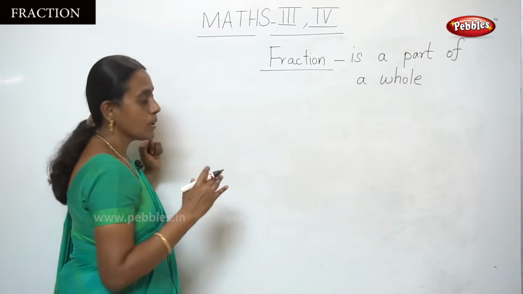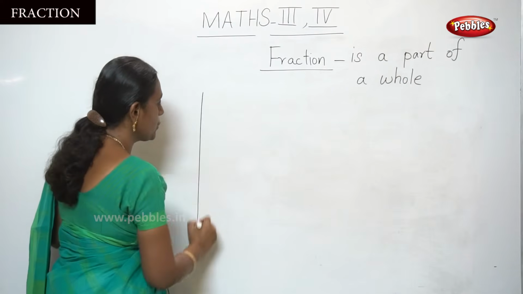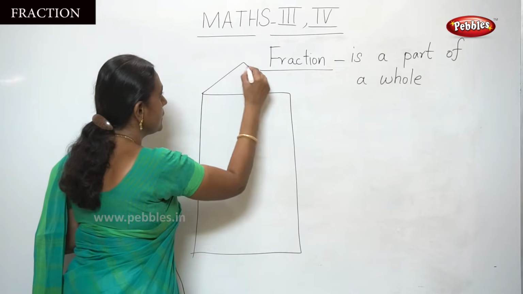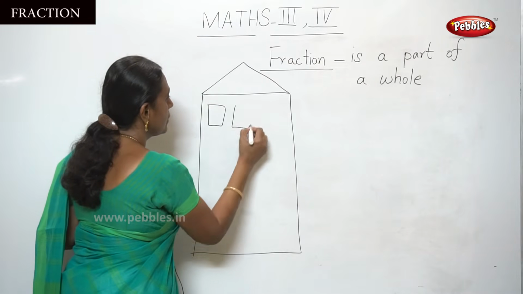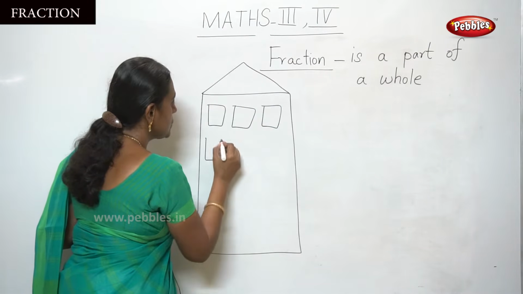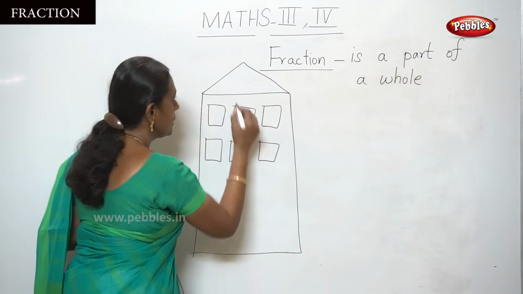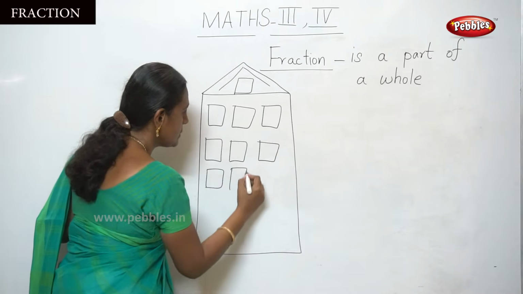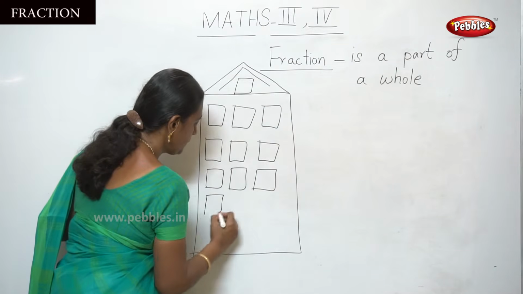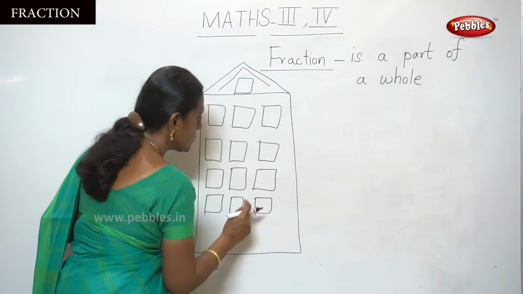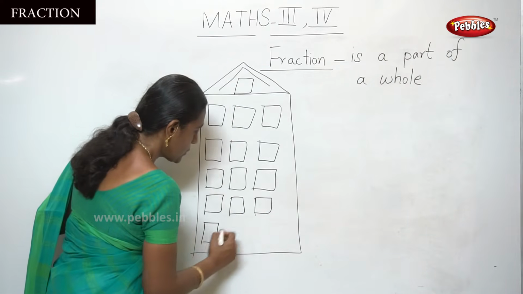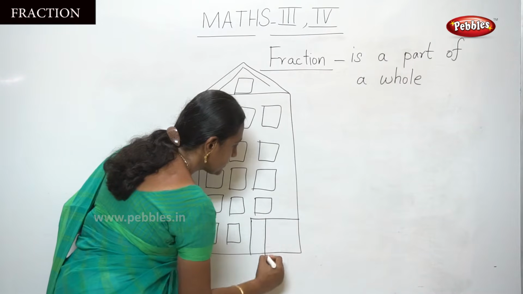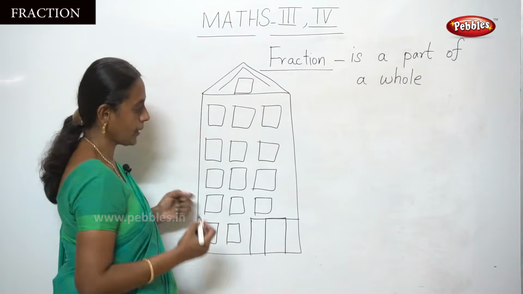Let me discuss one example. Here I am going to draw one drawing. This is a tall building, an upper or flat system building. It has 1, 2, 3, 4 stories.